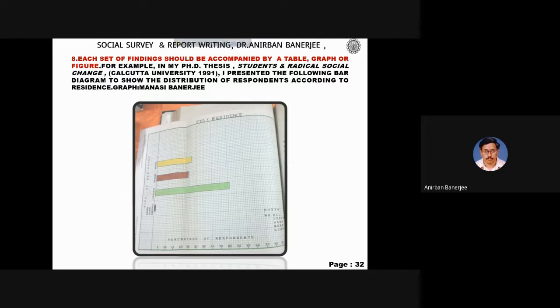Each set of findings should be accompanied by a table, graph, or figure. For example, in my PhD thesis, Students and Radical Social Change, I presented the following bar diagram to show the distribution of respondents according to residence. See, this is the bar diagram.